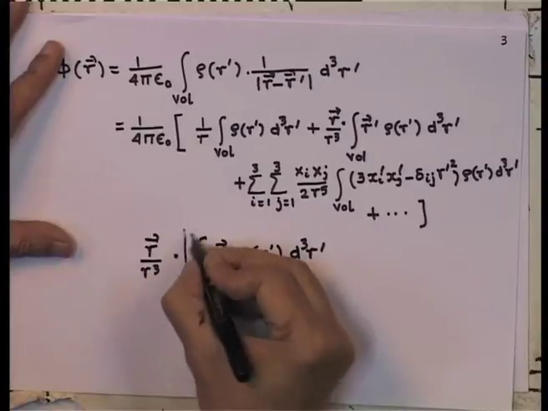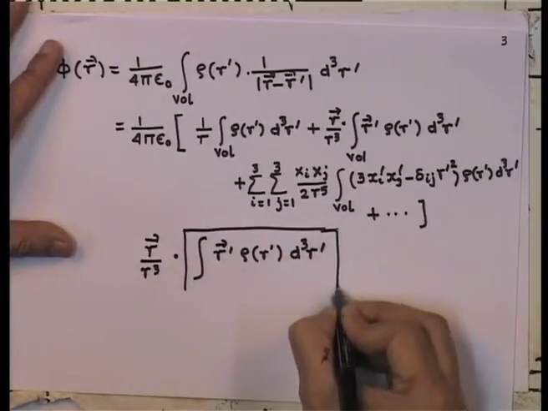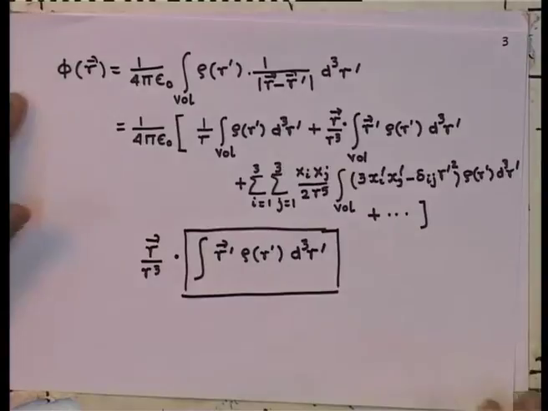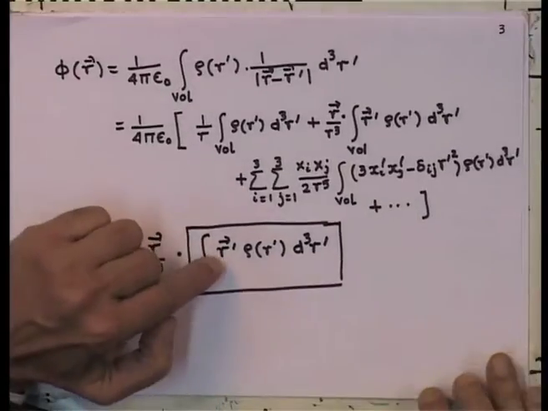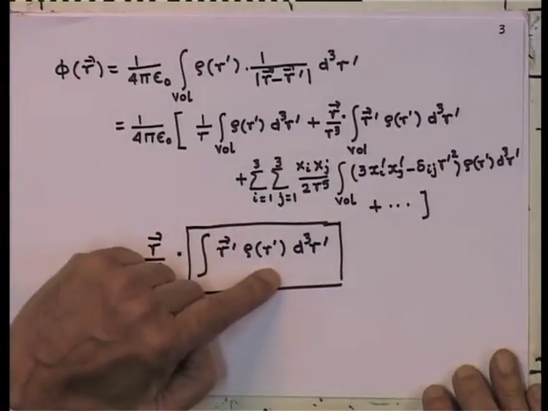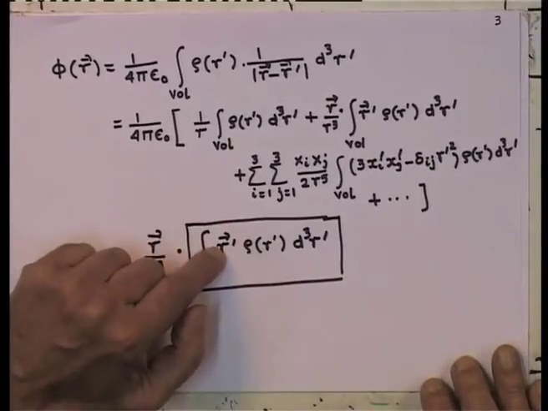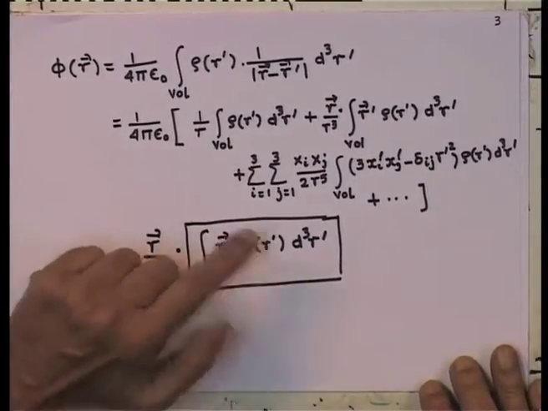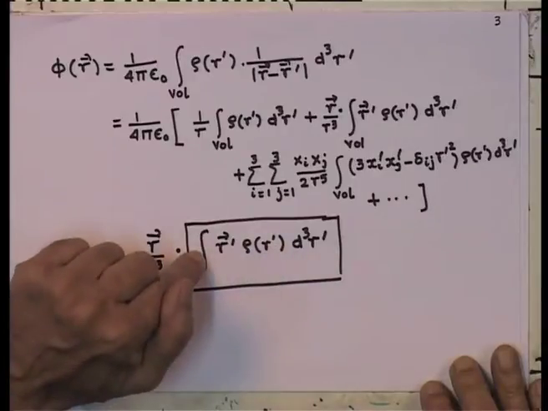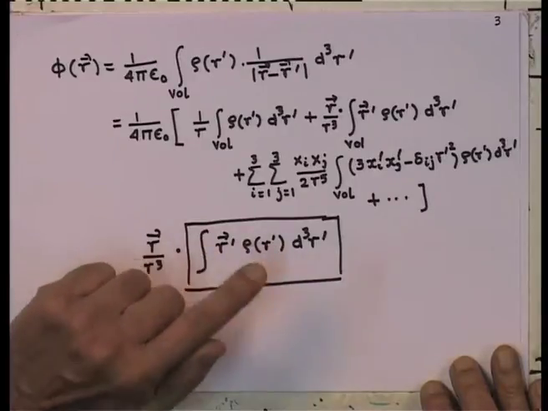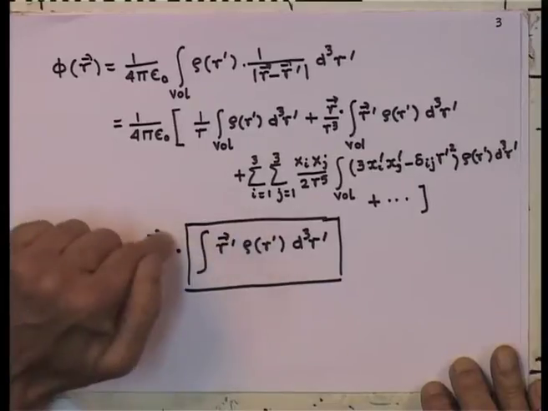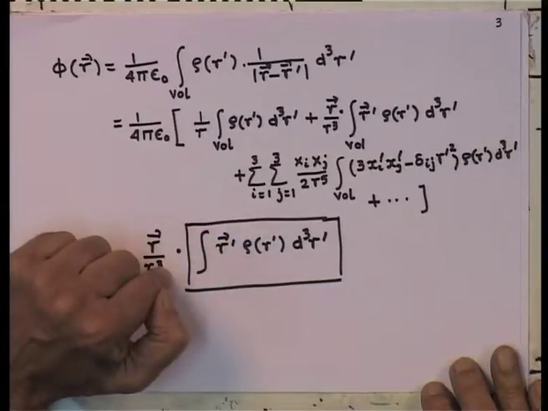Now, this quantity has distance and the charge density there, and you can immediately see that the dimension of this quantity is that of a distance times a charge, which is the same dimension as that of a dipole moment.